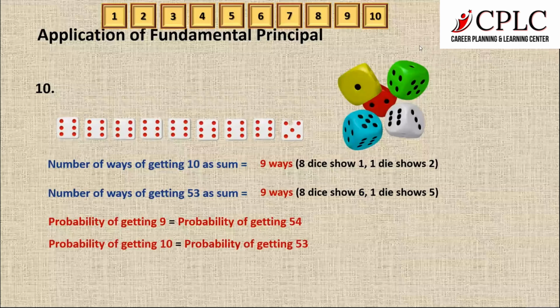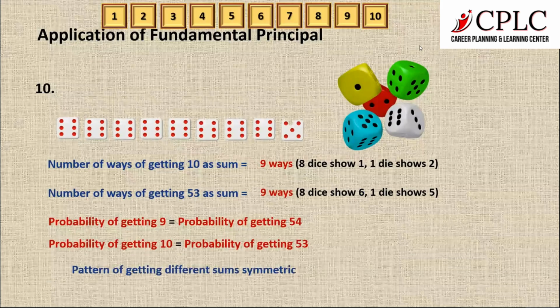Probability of getting 10 is equal to that of getting 53. So we are getting a pattern of different symmetric sums. So obviously the probability is going to be equal.